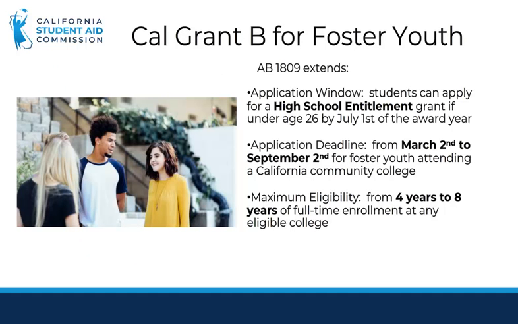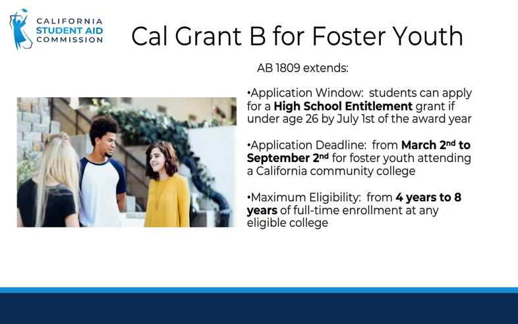Current and former foster youth students, i.e., a person whose dependency was established or continued by the court on or after the date on which the person reached 13 years of age, are eligible to receive Cal Grant B High School Entitlement Award consideration.